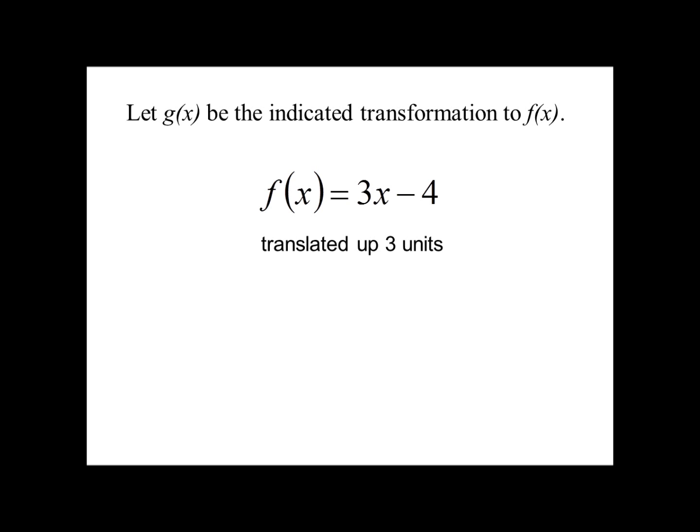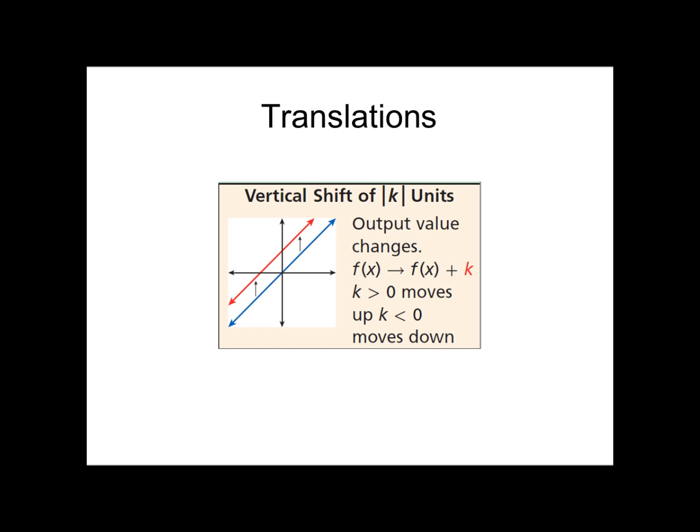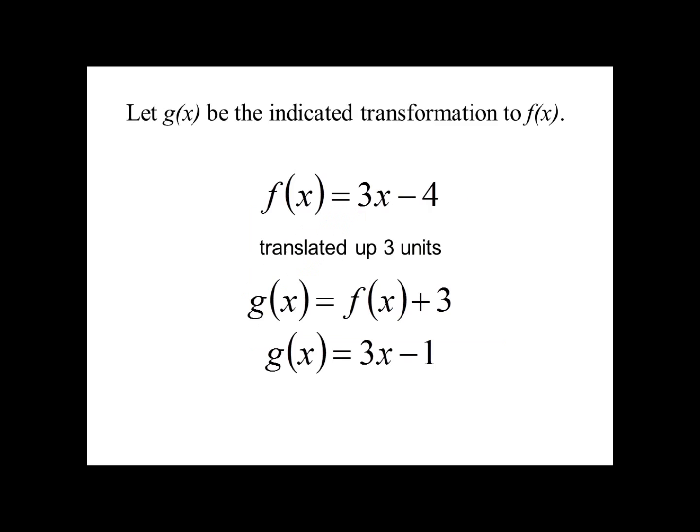Well, that vertical translation we need to add at the very end. So when we add 3 to the very end, we combine like terms, we get g of x equals 3x minus 1. Not too bad.